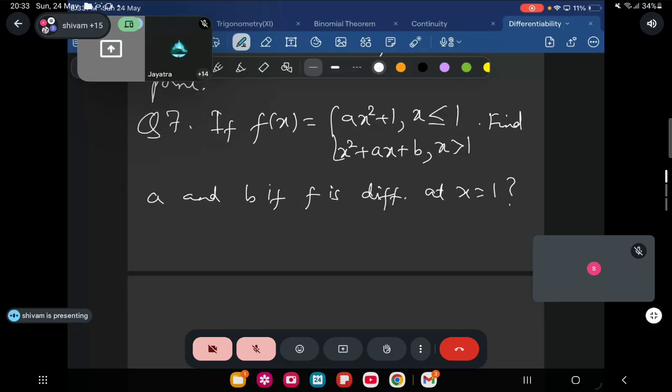And Aditya, your answer is correct. Could you check A? No, that's a mistake. B is correct. Write A properly. Yes, A is correct.